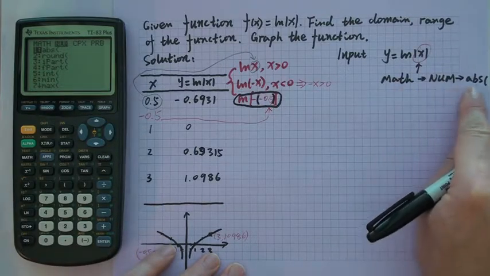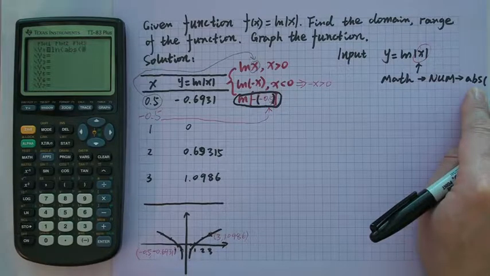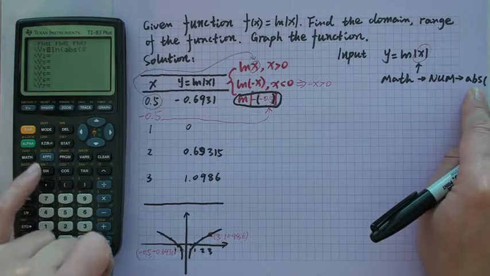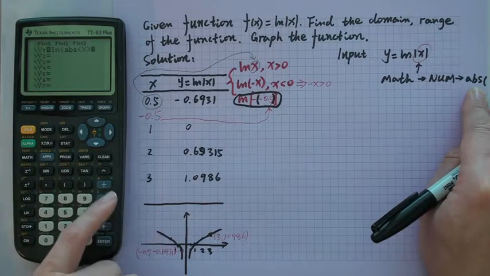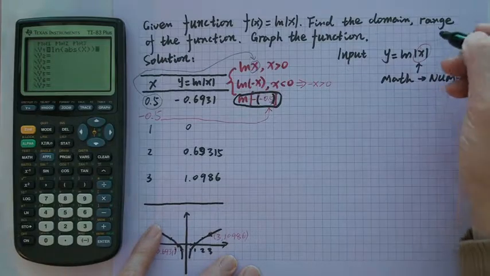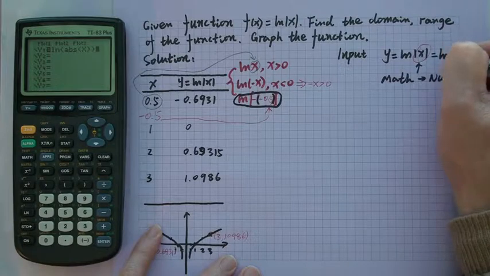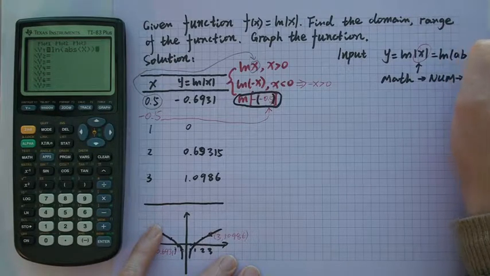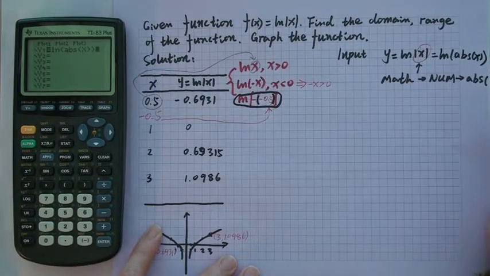So math, number, ABS. You hit enter, and then you can input an x, close parenthesis, and one more close parenthesis. So on your calculator it will look like that: ABS, absolute value of x.